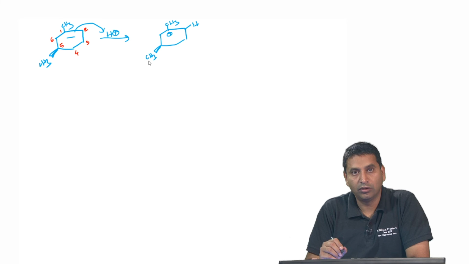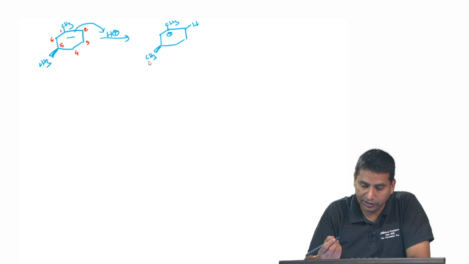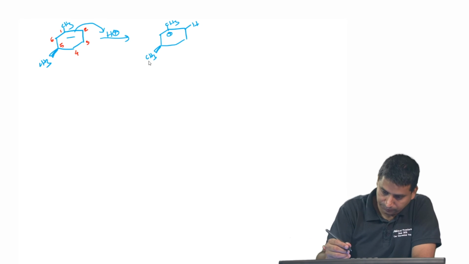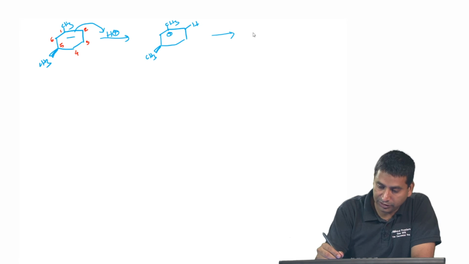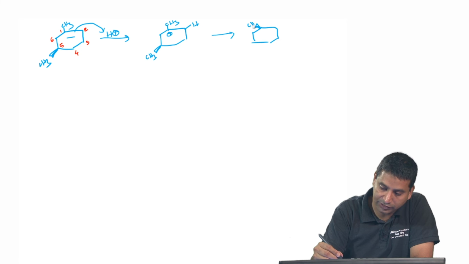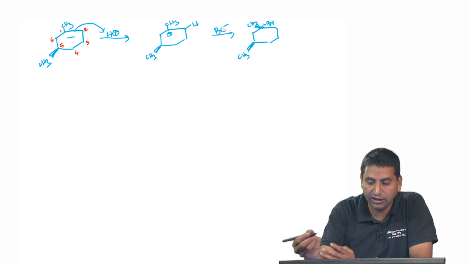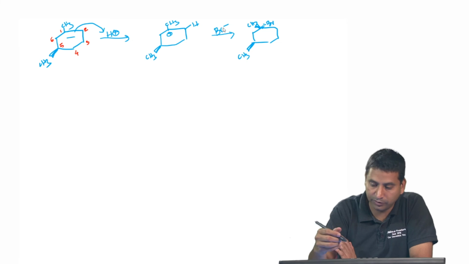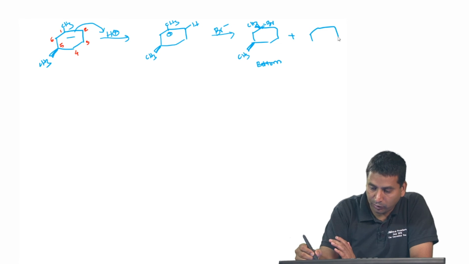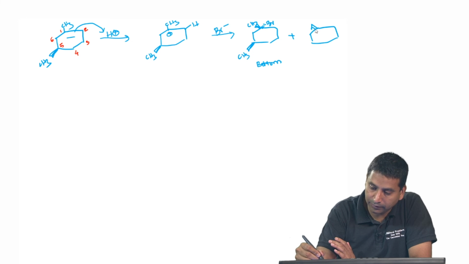Okay. Now, we have looked at that there are two possibilities, the attack from the top and the attack from the bottom, and these are going to give you these two products, CH3, CH3, Br. So, I am going to draw attack by Br minus, and the way we have drawn it, this would be the attack from the bottom face, and the second product would be Br from the top.